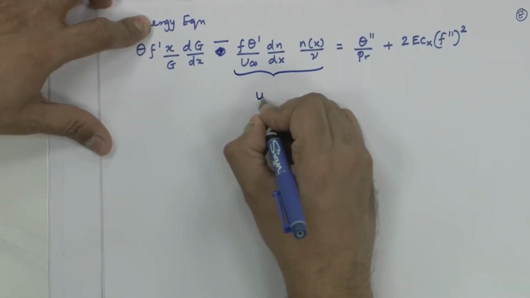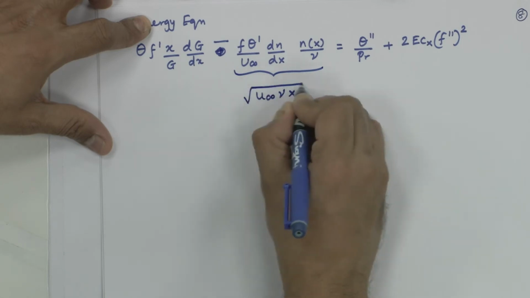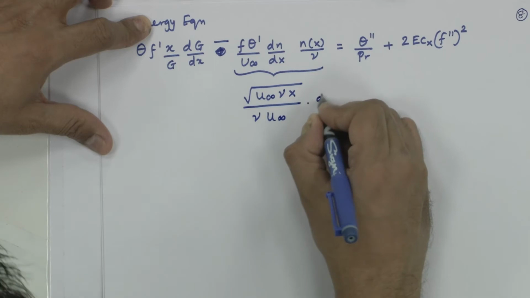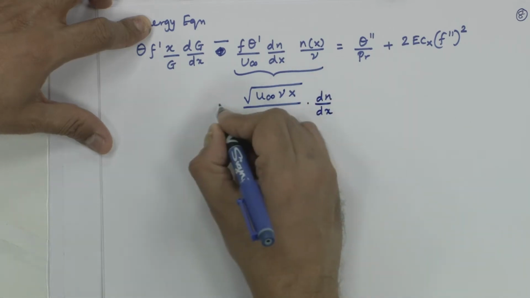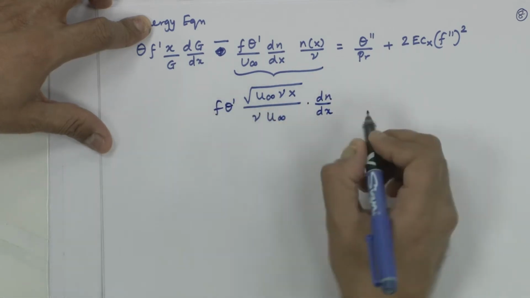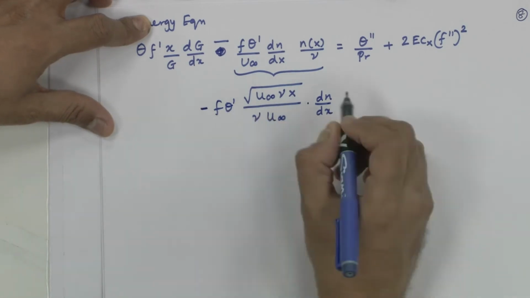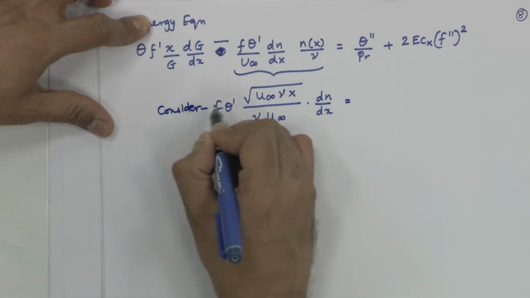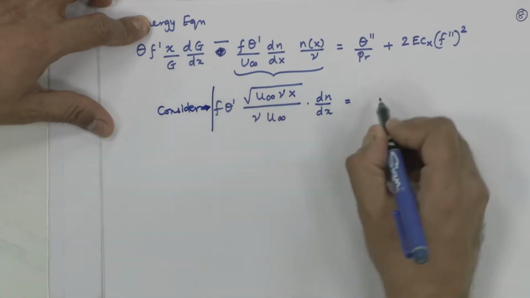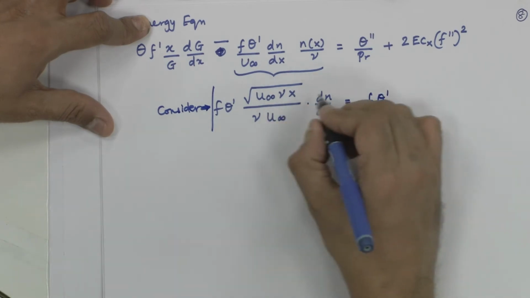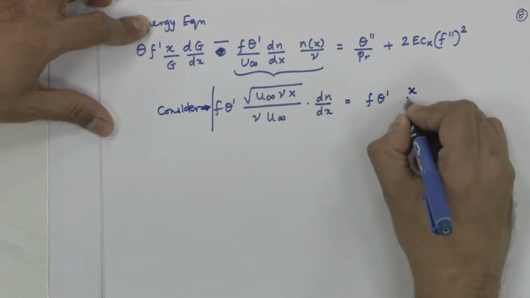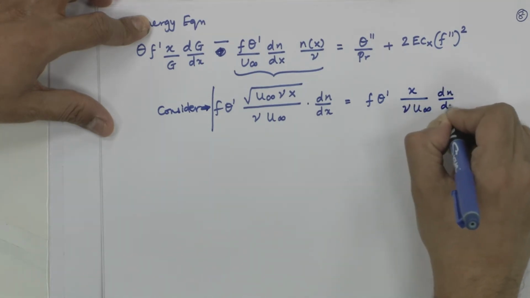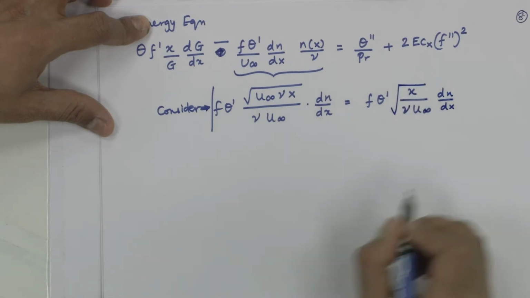So u infinity nu x divided by nu u infinity dn by dx f theta prime. This is nothing but, so consider this quantity. This is f theta prime. You get x over nu u infinity dn by dx under root.